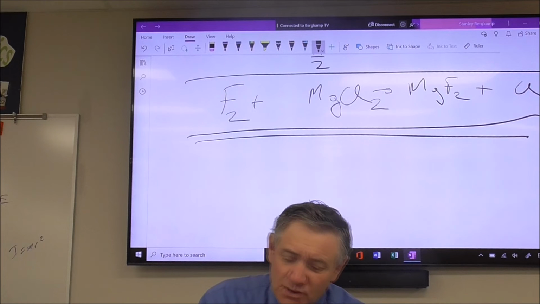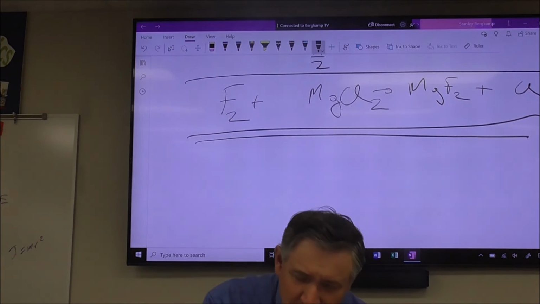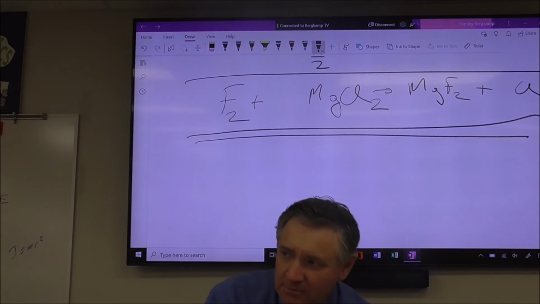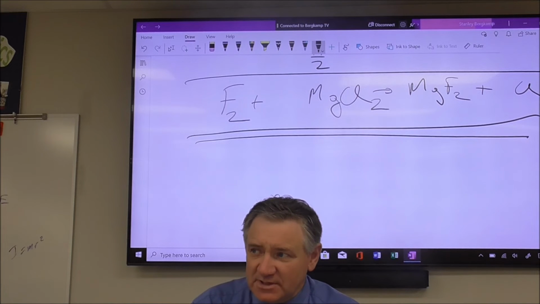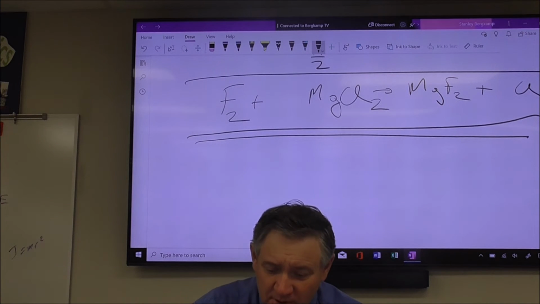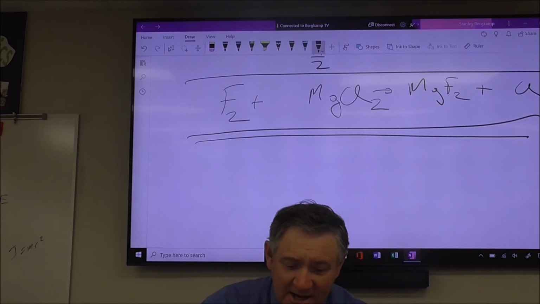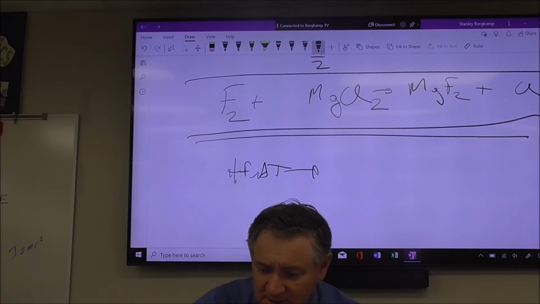So why do you burn wood? What are you hoping to get out of it? You're cold. What are you trying to get released from that? Heat energy, right? So remember, in any decomposition reaction, you put heat into it to break bonds.